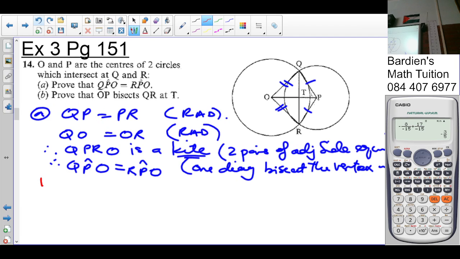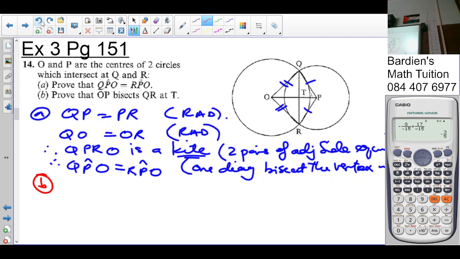Let's go with B. Prove that OP bisects QR at T. So you must prove that it is equal. But that will be equal. Why? Because that's a kite. One diagonal bisects the other. But what they actually wanted you to use was congruency. Okay?